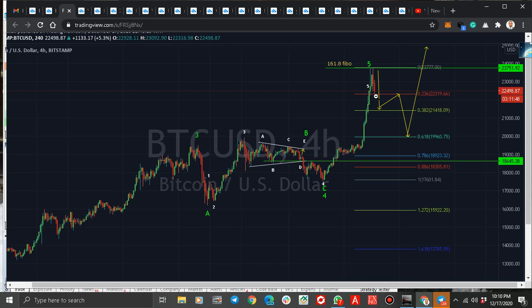That's why, with one of my students, when Bitcoin was around here, I was telling people this is not the best time to buy Bitcoin. I know why I'm saying it. We might have this type of correction, A, B, C, before we buy again. It can end here before we buy again.